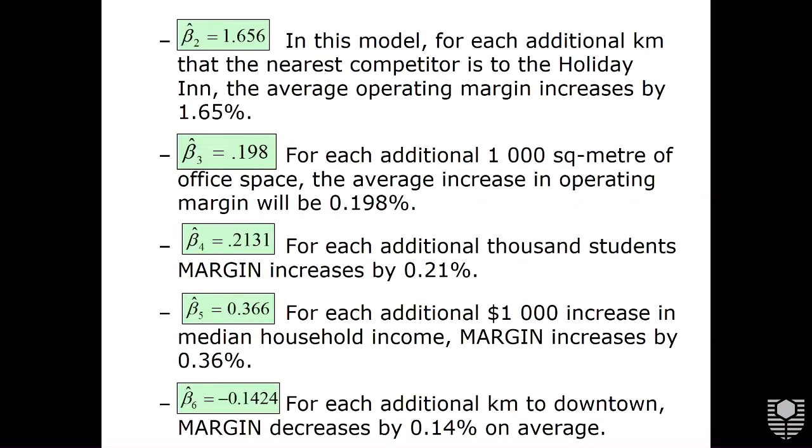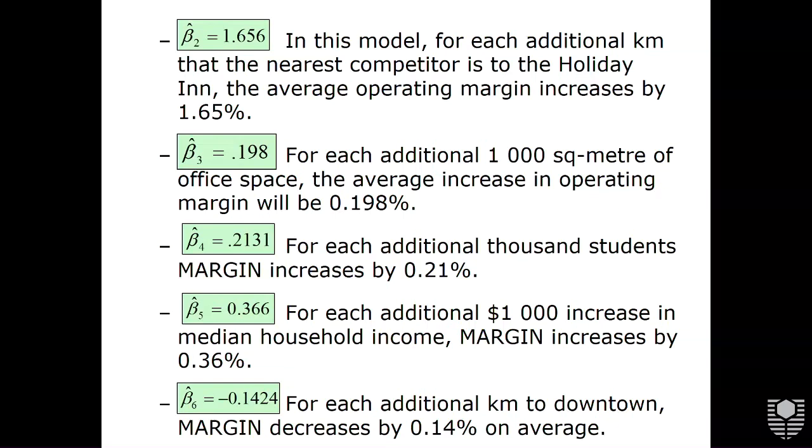And the next, the second independent variable, which one is that? Competitor distance, right? All right? So in here, we find it's positively associated. The sign is positive, by 1.65, right?